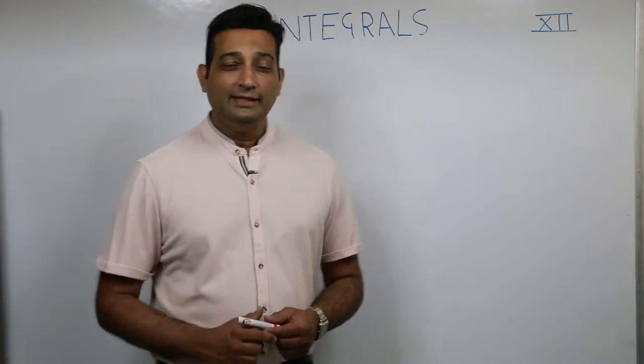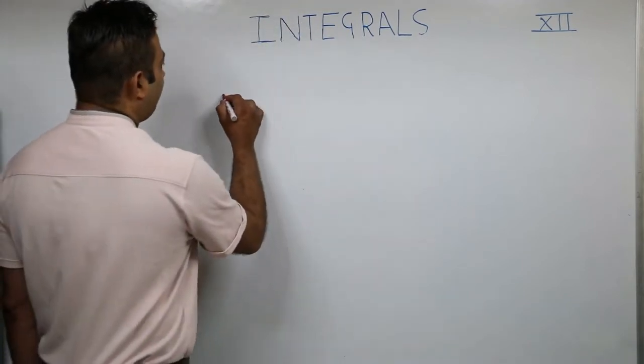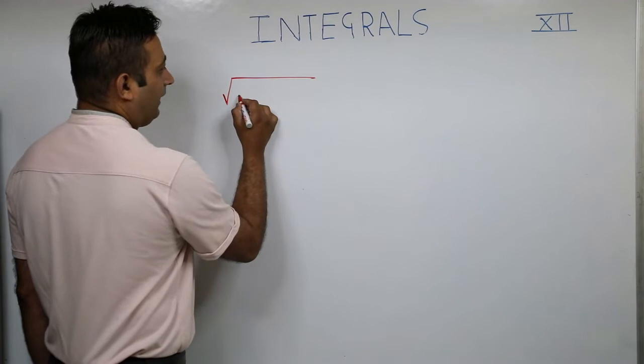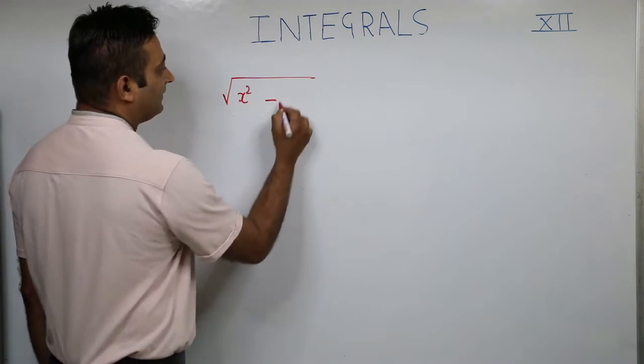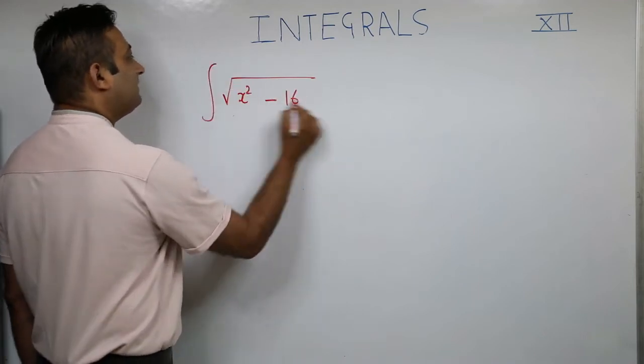Now let us see some more integrals. We have under root of x square minus 16. Now again this is a standard form.